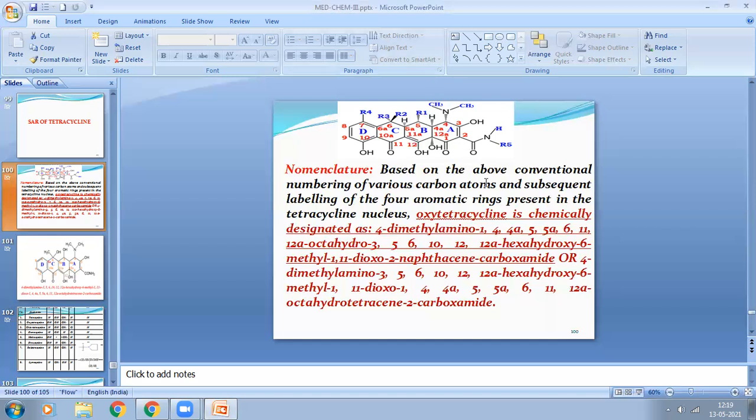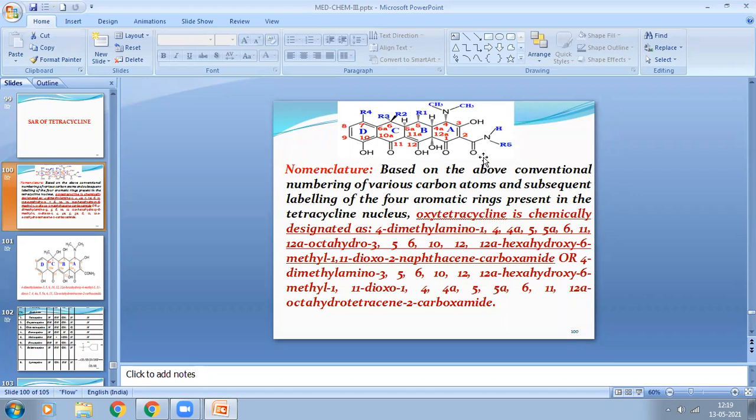Substitution at this amido group can result in a hydrophilic compound which can be taken orally. If you substitute this amide group with other functional groups, then the compound becomes hydrophilic, which is taken by the oral route.